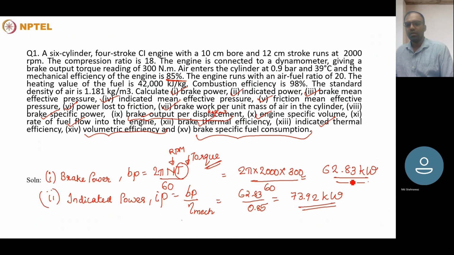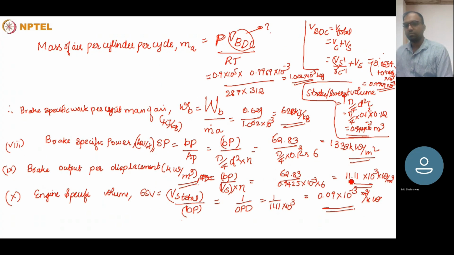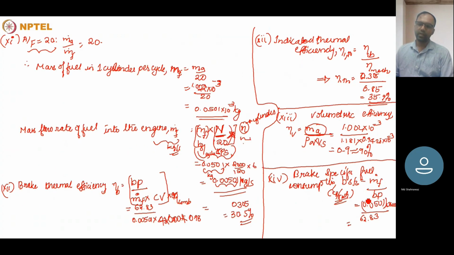This quantity was kilowatt, 62.83 kilowatt. So in order to convert that particular quantity into kilowatt hour, we have multiplied it with 3600 on the numerator and the denominator. So the new denominator is in terms of kilowatt hour, and the total quantity will be 0.287 kilogram per kilowatt hour.